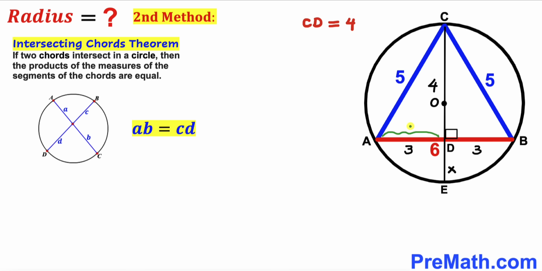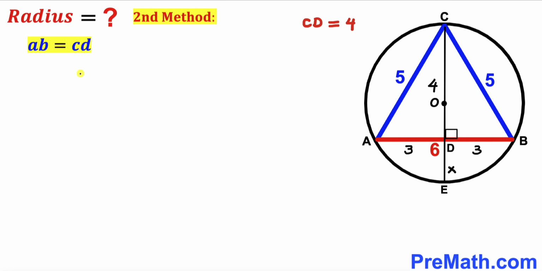If I label this one as lowercase a, this segment lowercase b, this segment lowercase c, and this segment lowercase d, then according to the intersecting chords theorem, the product 4 times x is going to be equal to 3 times 3.